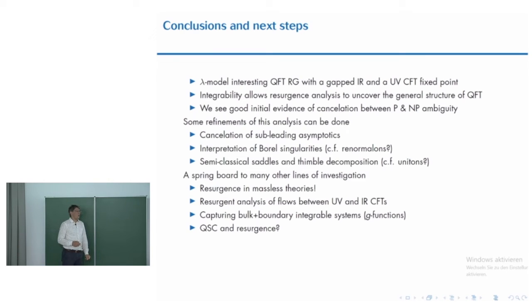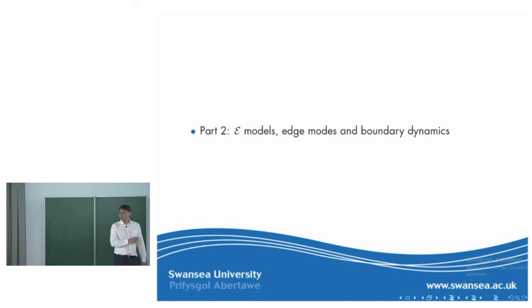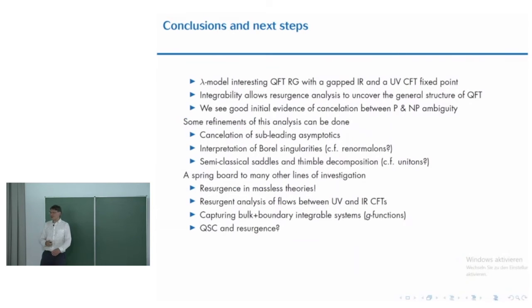And then I think there are other more exciting ways that might have relevance for gravitational physics, to look at bulk-boundary integrable systems and resurgence. And maybe, rather than doing this finite chemical potential, maybe you can look at the quantum spectral curve or something like that. Okay, so lots more to be done. As anticipated, I don't think I'm going to give you part 2 of this talk, so I'm going to stop there, and thank you very much.